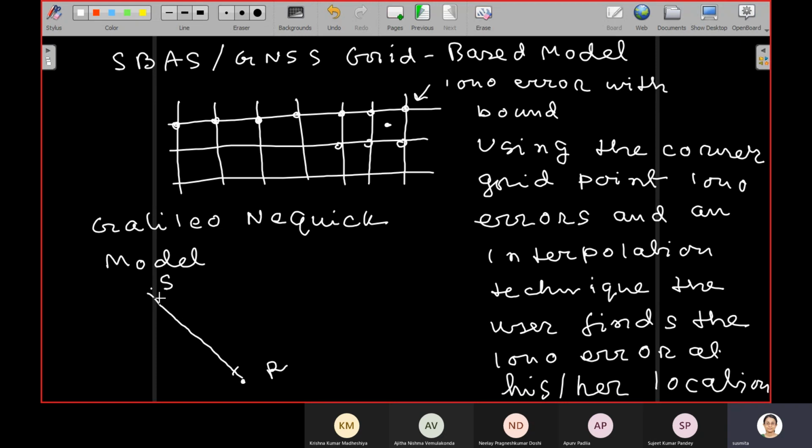It is divided into a number of regions, and the electron densities are calculated at different regions using diurnal variation, day to night variation, and seasonal variations. They also take into account longitude and latitude and the solar activity. So all the different variabilities are taken into account, and along the signal path, the electron densities are calculated based on all these different factors. And then they numerically integrate the electron densities from the receiver to the satellite and find the total electron content.